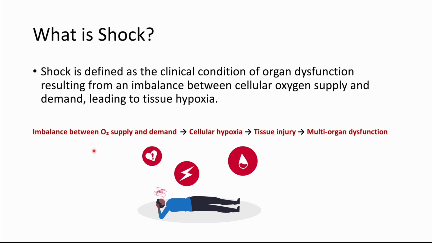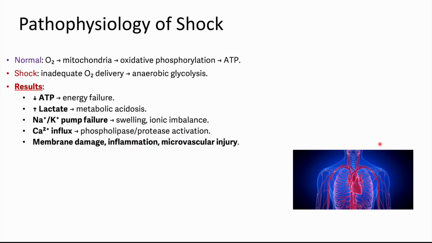So it's basically imbalance between oxygen supply and demand, and this leads to cellular hypoxia, and then tissue injury, then multi-organ dysfunction. This stage is irreversible phase of shock. So before going into stages and determinants, we will see about the pathophysiology.